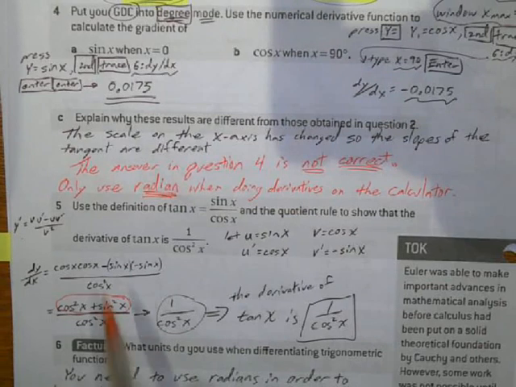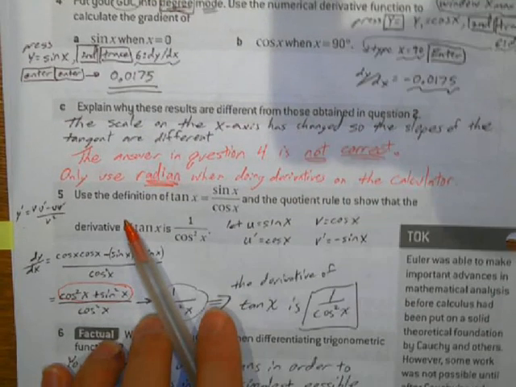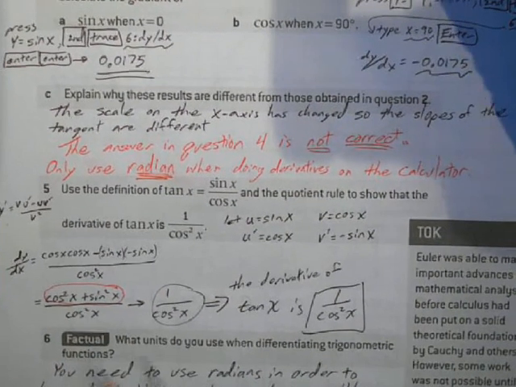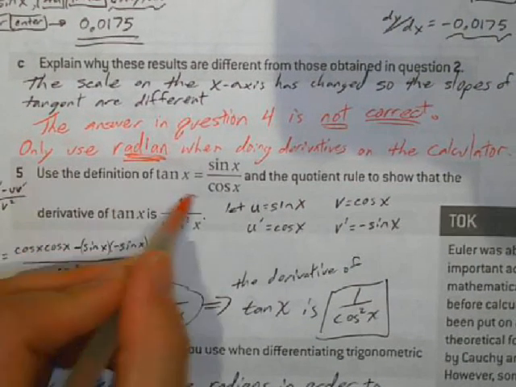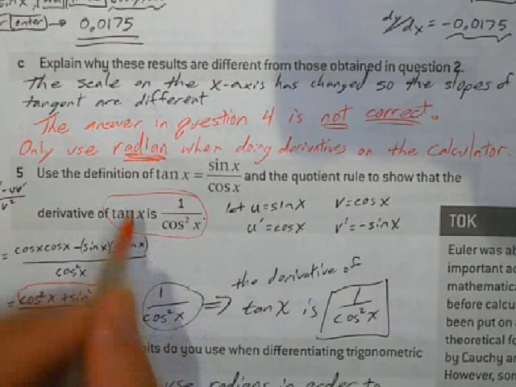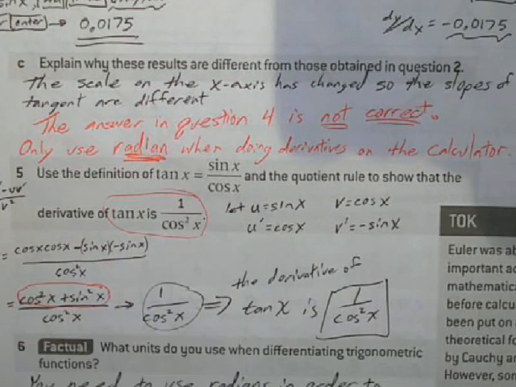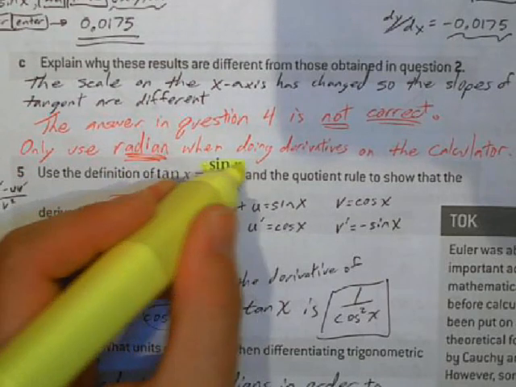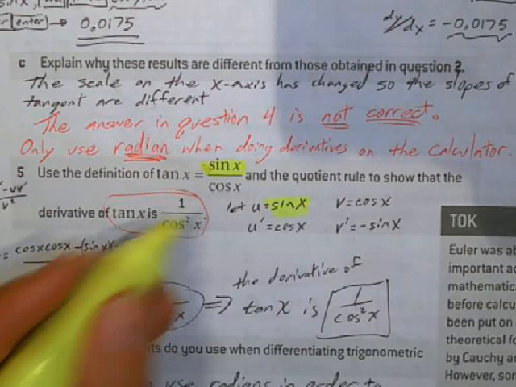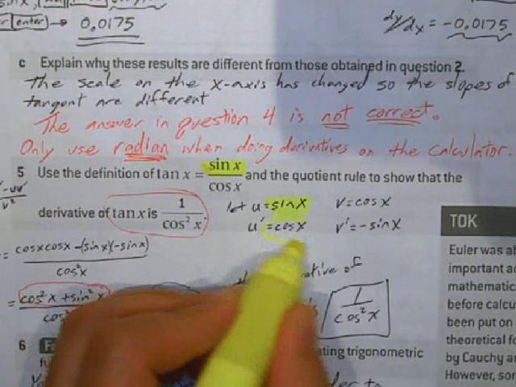Question number 5, they want you to use the quotient rule to show that the derivative of tangent x is this. So if I'm using the quotient rule, I'm going to make u equal to sine x, and the derivative of u is cosine x.